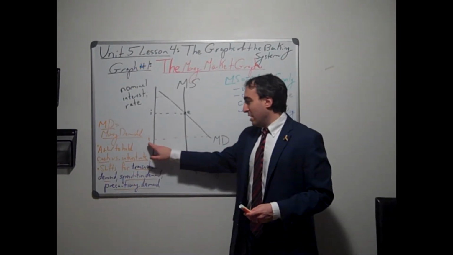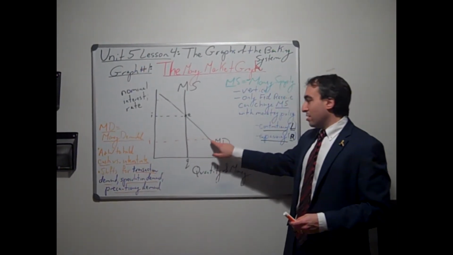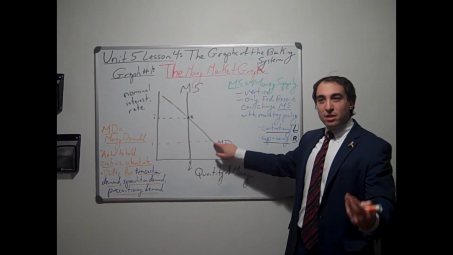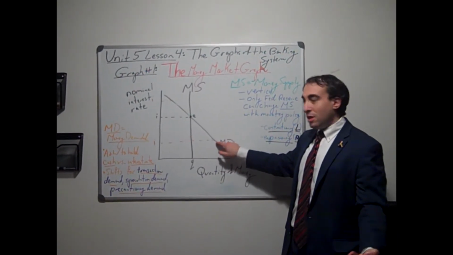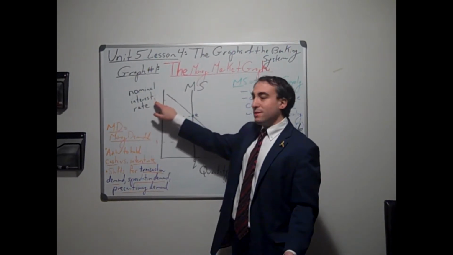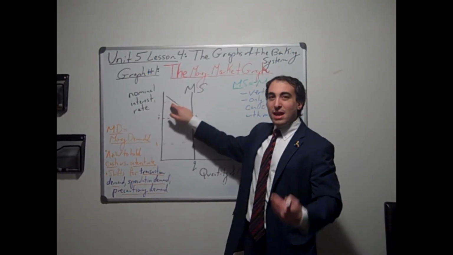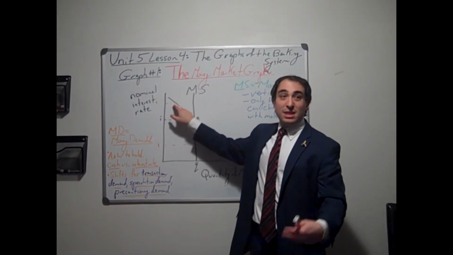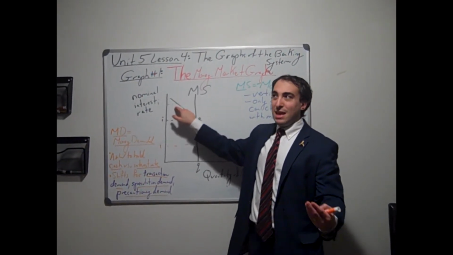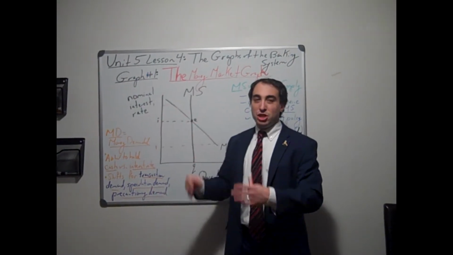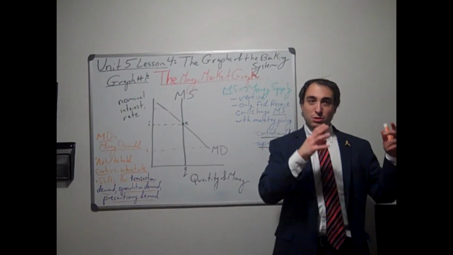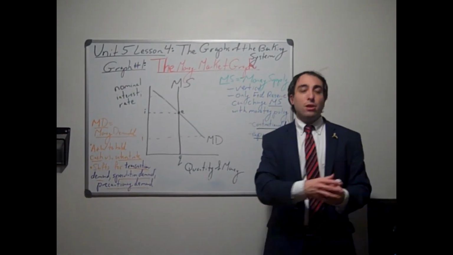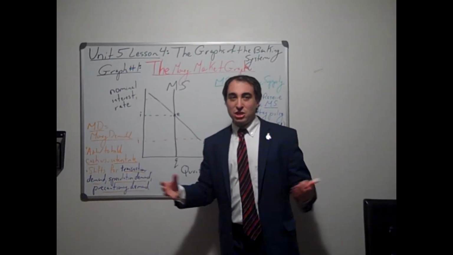So we see with the interest rate, the lower it is, the more able and more willing we are to hold money as cash, versus the higher the interest rate, the less willing and less able we are to hold money as cash. Really, the less willing we are, because we realize that if the interest rate is higher, that money should be in a savings account, to earn money, so that money is compounding and growing on itself, rather than holding money as cash in our wallet.